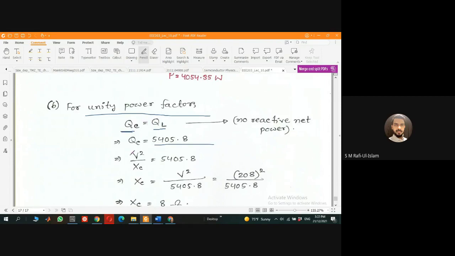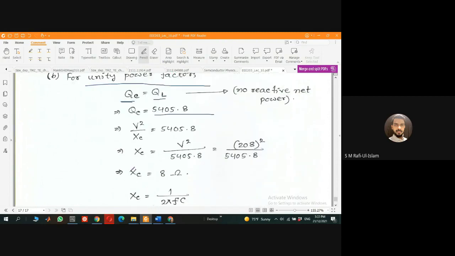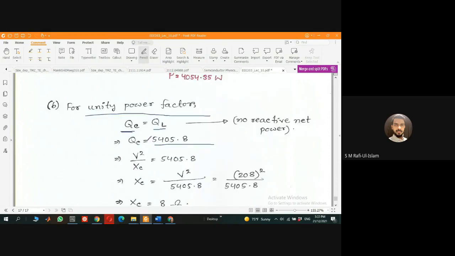So we use the same formula. Now my target is to calculate the C value. What is QC? Let's say there is a voltage source and there is a capacitor. How will I calculate Q?